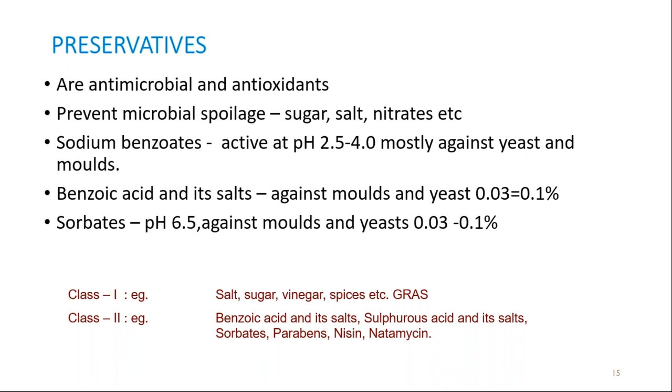Sorbates are used for preventing the growth of yeast and molds, especially in pickles. You also have preservatives such as nisin and natamycin, which are actually antibiotics, but natural antibiotics, used to prevent the growth of bacteria. Nisin is allowed in cheese.